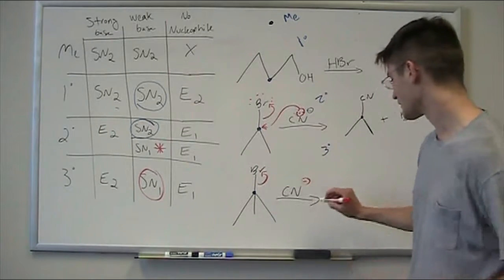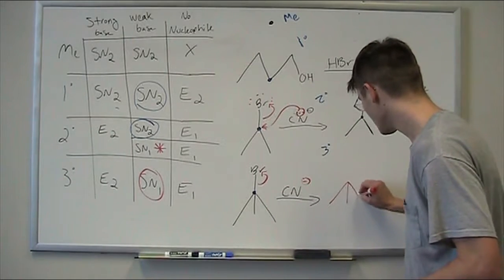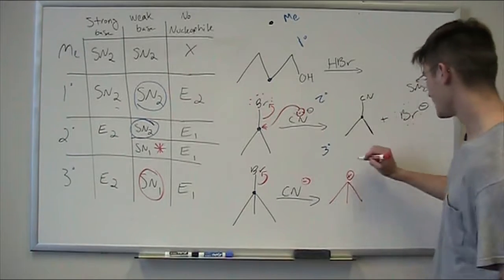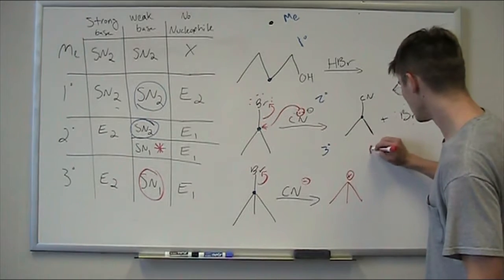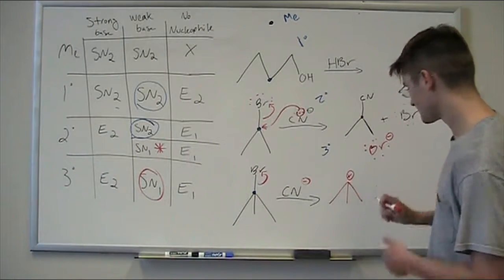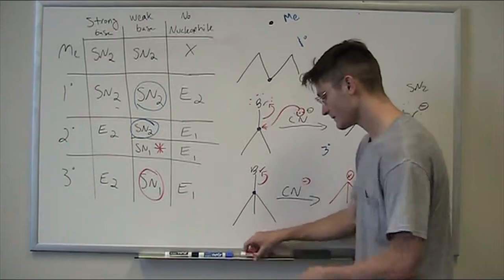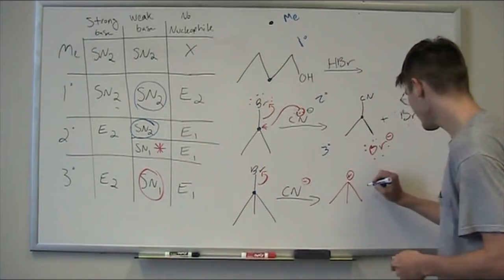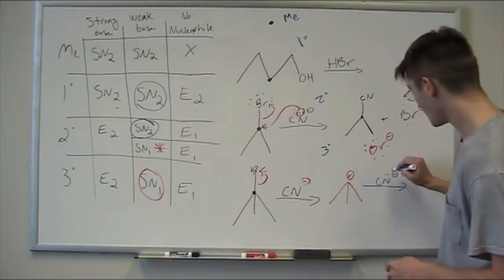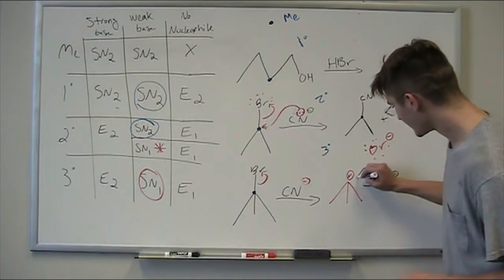So you're going to form a carbocation, which is this right here. So it has a plus charge, and then you're going to have a bromo, the negative charge. This is your intermediate, and then your intermediate is still being attacked by the CN.